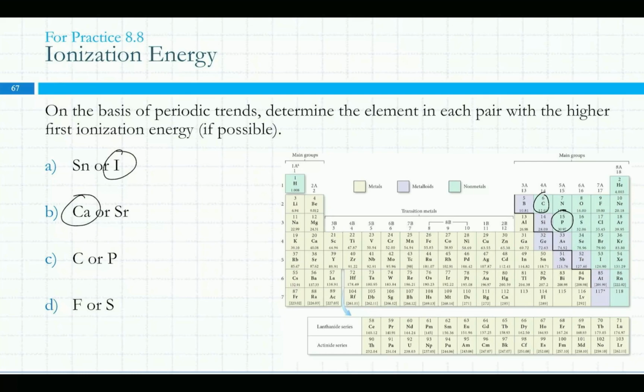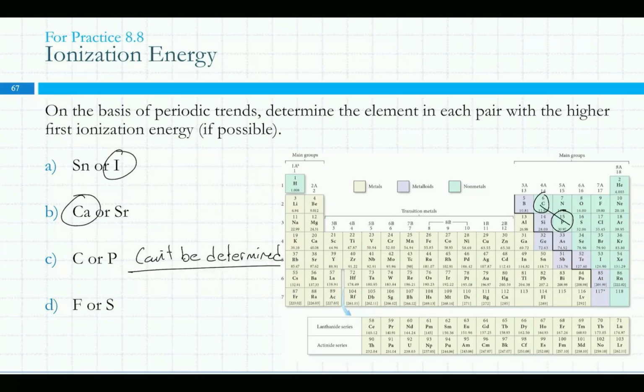We would say can't be determined. You could maybe make an argument that phosphorus would rather gain 3 electrons, whereas carbon's kind of in the middle, so it's on the fence. So maybe phosphorus has a higher ionization energy, but I would say can't be determined.